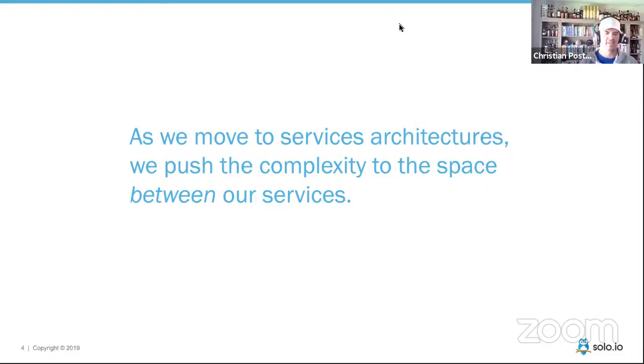And we end up trying to solve the networking challenge of how services talk with each other by overcoming those challenges. We end up seeing the complexity in our applications grow between the services, not necessarily just the services themselves.